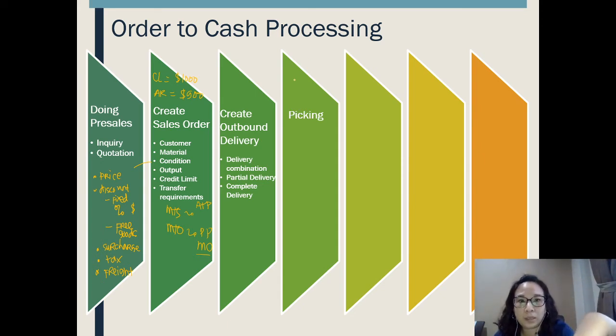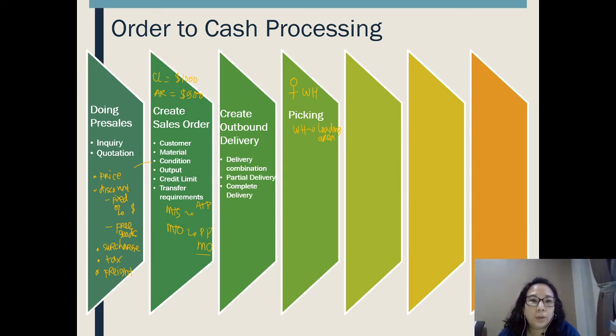Here it is actually done by the warehouse. Picking here means the warehouse will take the goods from the rack in the warehouse and put them into the loading area. So it goes from the warehouse to the loading area.